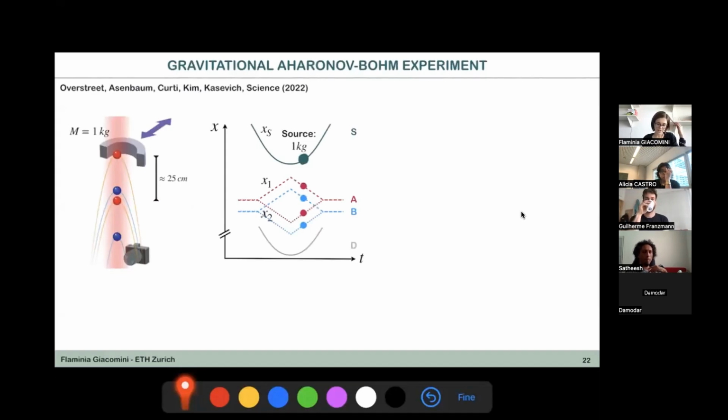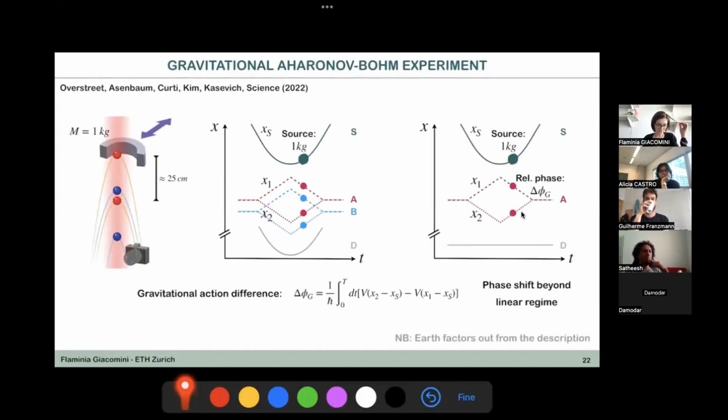So you can simplify this description. This is a very complicated description. This blue particle in particular, they need it for the experiment. As theorists, we don't need to worry about that. So in the freely falling frame, you can describe this interferometer as, A is the particle, S is the source. What is the source?